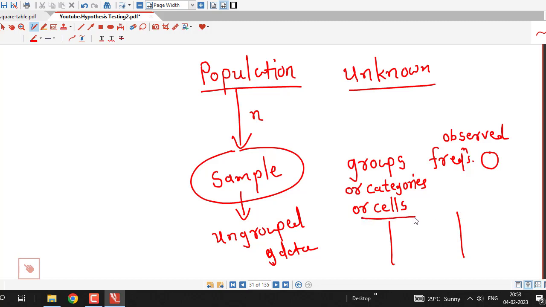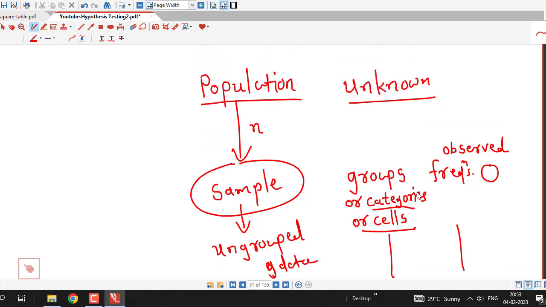So we have values of the variable or categories and corresponding frequencies. Now we assume the null hypothesis that our population follows some particular distribution.